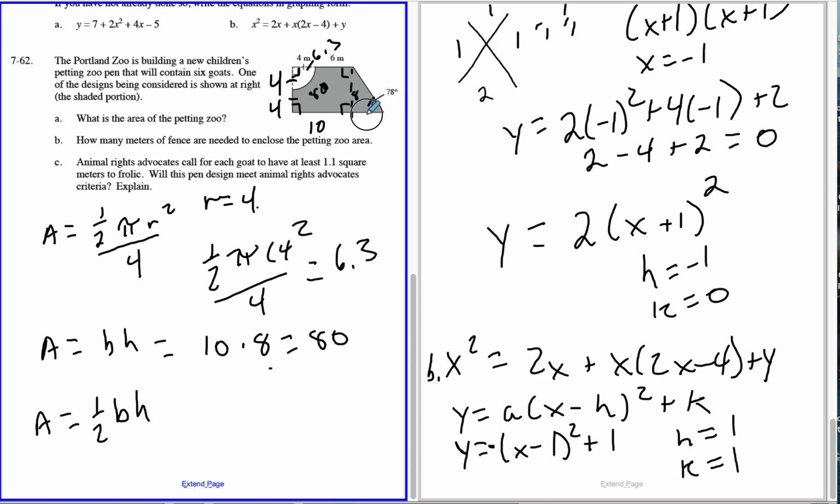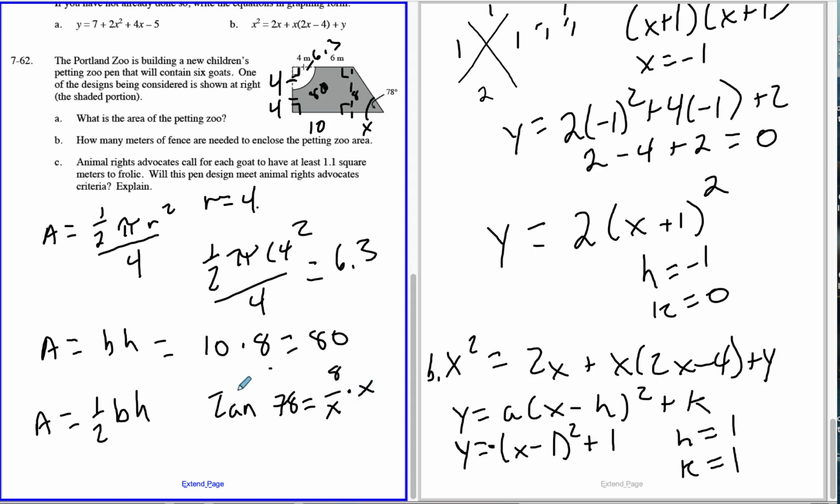We have an angle and an opposite, and we're looking for the adjacent, so I'm going to use tangent. The tangent of 78 equals 8 over x.